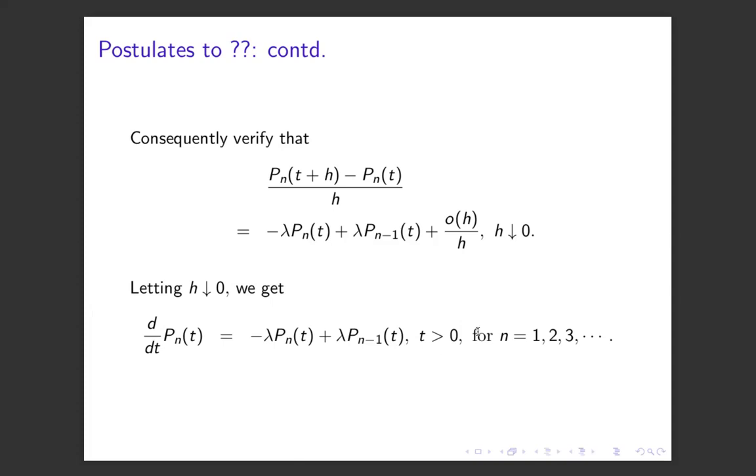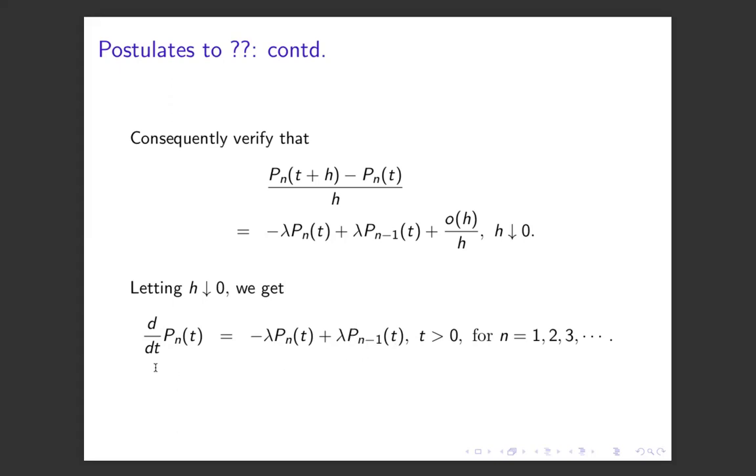So note that here we have a system of ODEs. Kind of a recursive system. Now, if you put n equal to 1, n minus 1 is 0. So P_0(t) we know.